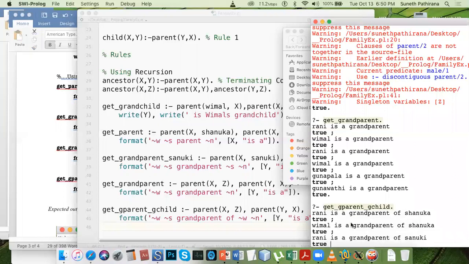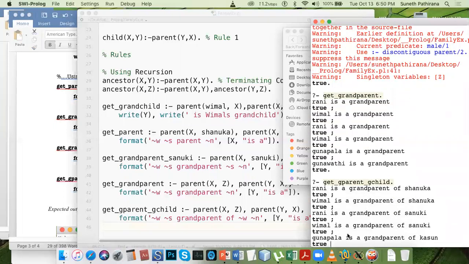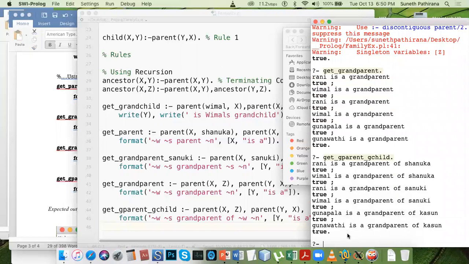Rani is a grandparent to Sanuki. That's why we got two. That's why we got repeated Rani and Vimal in the previous attempt, because we didn't display who is the grandchild of the corresponding person. Okay, Vimal is the grandparent of Sanuki. Gunapala is the grandparent of Kasun. Gunavati is the grandparent of Kasun. Okay.